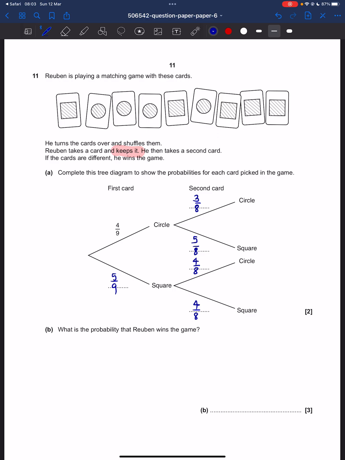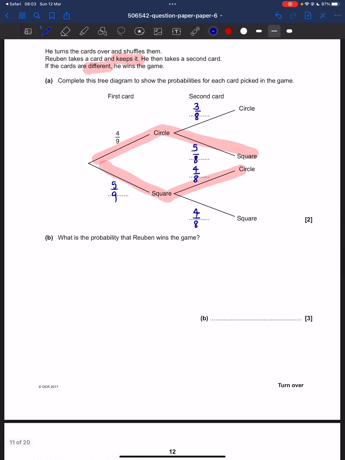Okay, and what's the probability that he wins the game? If the cards are different, he wins. So circle to square, that's a winner, and square to circle, that's a winner. So he's got 4 out of 9 times 5 out of 8 for that first branch. And this branch is 5 out of 9 times 4 out of 8. You add up branches that you want to combine together.